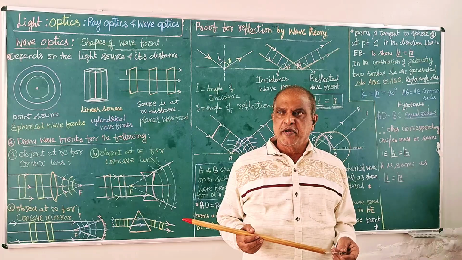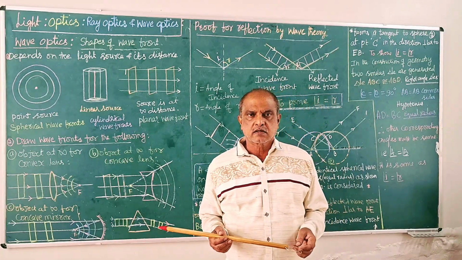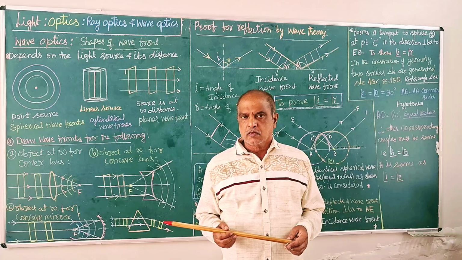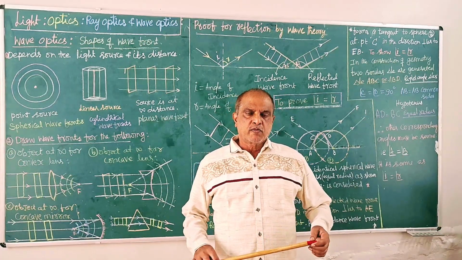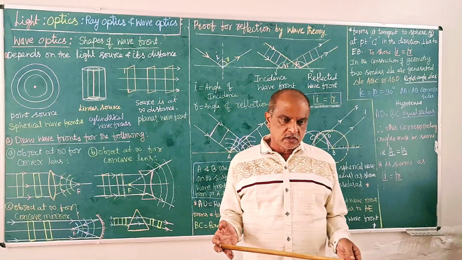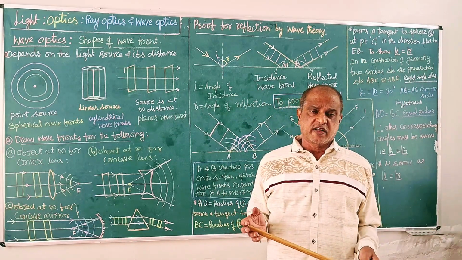When the light is emitted from a source, it spreads in space in all directions. This phenomenon is described by Huygens wave theory.